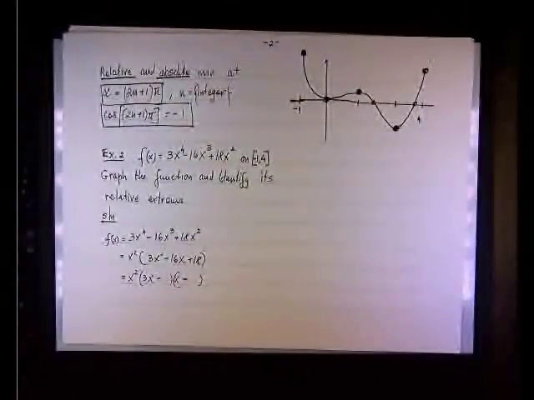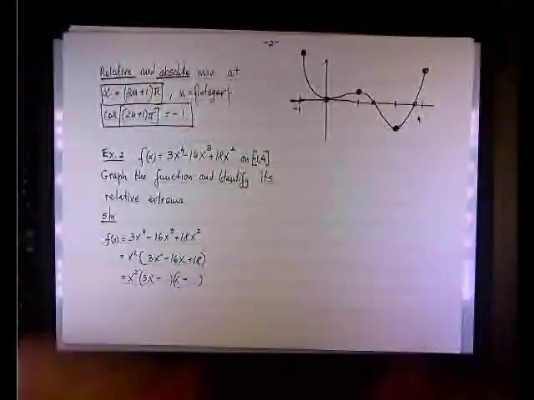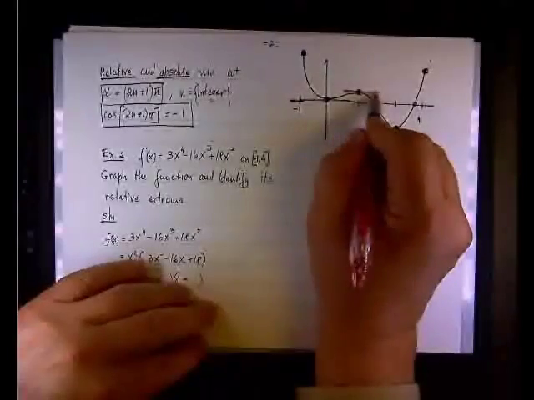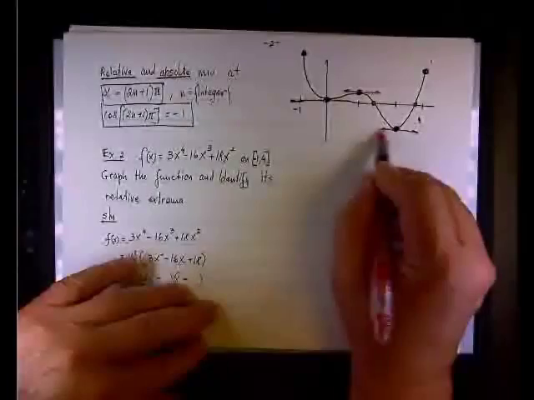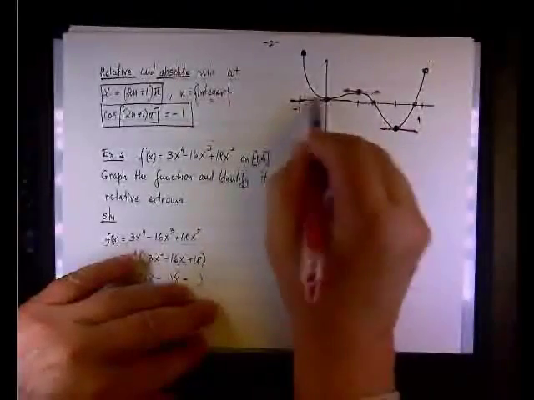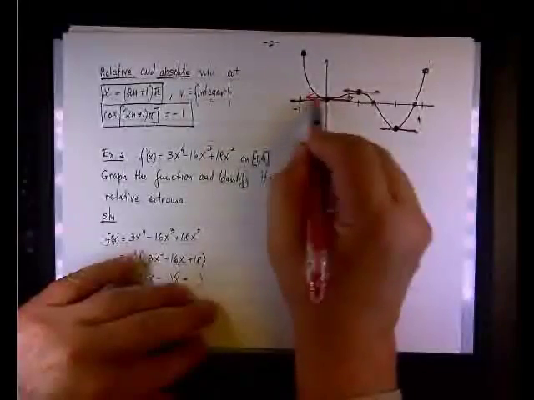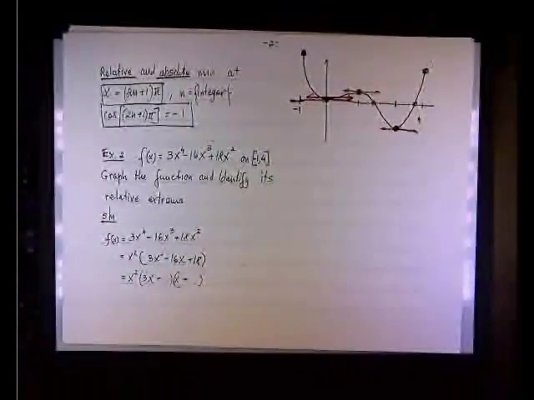Well, we keep in mind that the tangent at this point is horizontal, meaning that the derivative value, which is the slope of the tangent, is 0.